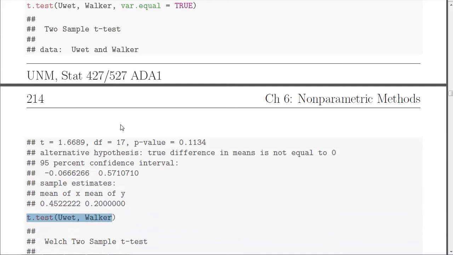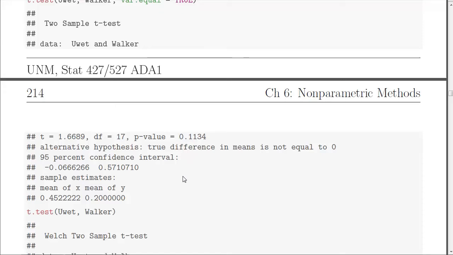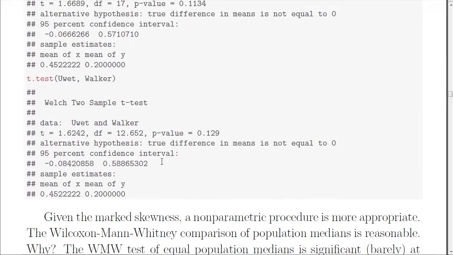Just to take a look at this one, here's a p-value of 0.11, and a confidence interval that goes from -0.6 to 0.57. So we fail to reject the null. It seems that the means of these two groups are equal if we're fine with the model assumptions. Even if we assume that the variances are not equal, we have similar conclusions, a p-value of 0.13 and a fairly wide confidence interval from -0.08 to 0.6 almost.